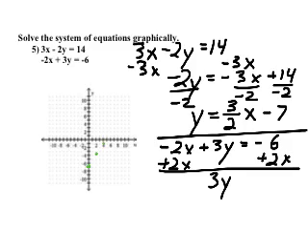Okay, 3y equals 2x minus 6. Is that right? Yes. Okay, so we'll divide by 3.